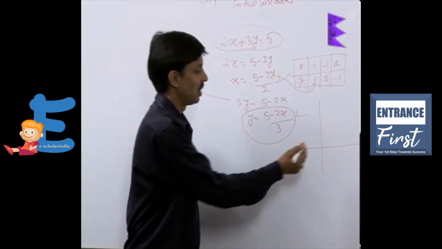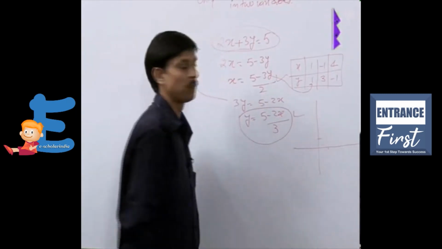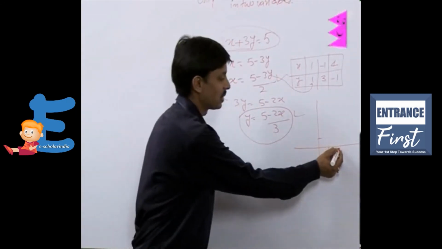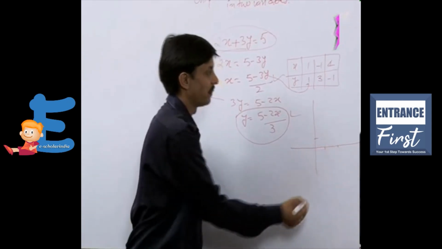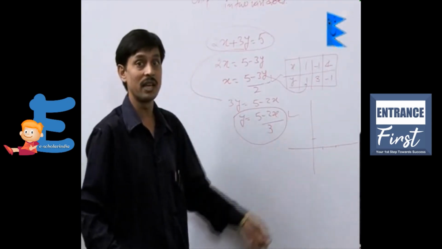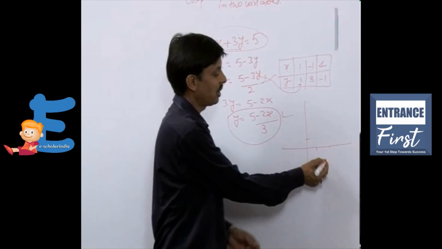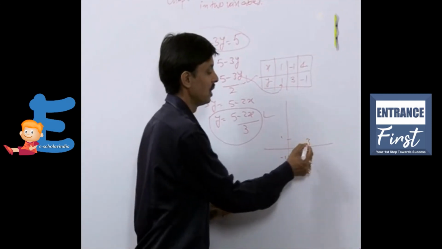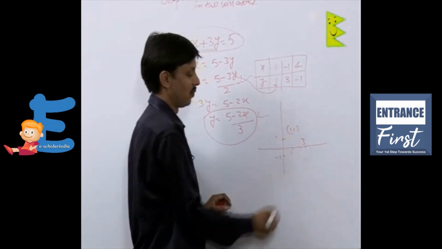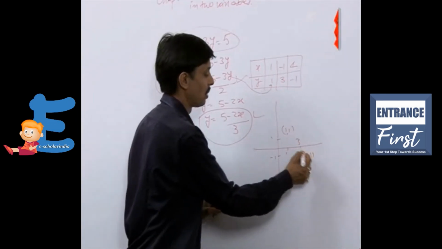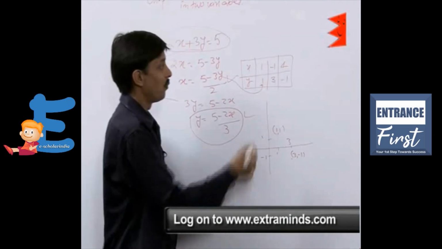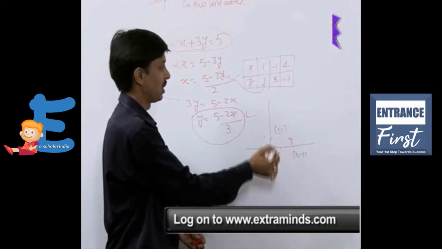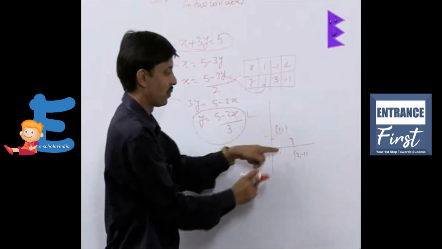So for this, 1, 1 is this point. 3, minus 1: x is 3, or abscissa is 3, and this is minus 1. This is the position of 1, 1. This is the position of 3, minus 1.